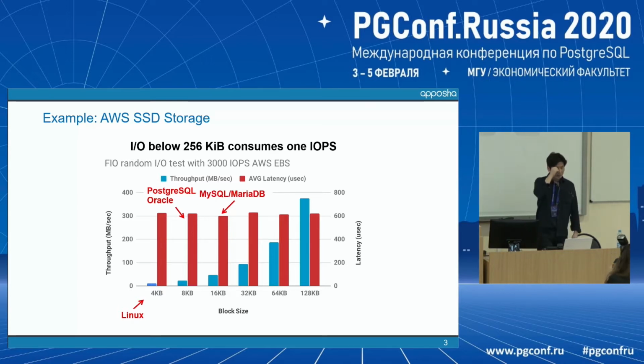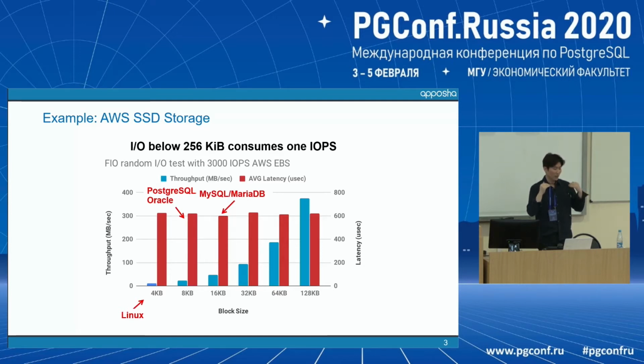As you can see in this figure, the I/O latency is really similar regardless of the request size, right? 4 kilobyte I/O and 128 kilobyte I/O show similar latency. But the problem is the throughput is totally different. And this is pretty obvious because we buy 3,000 IOPS for this example. So IOPS is fixed to 3,000.